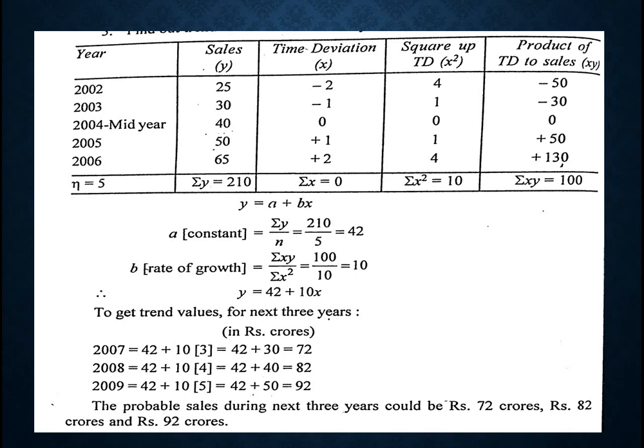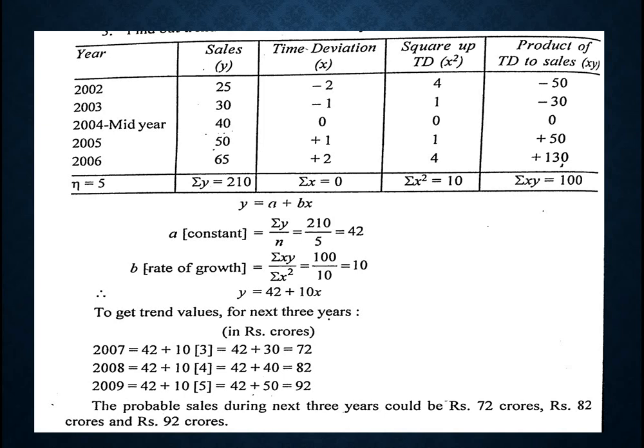So the mid year, 2004, is taken as time deviation 0. As I said, the upper side has minus values: 2003 minus 1, 2002 minus 2. Below the mid year, plus values: 2005 plus 1, 2006 plus 2.